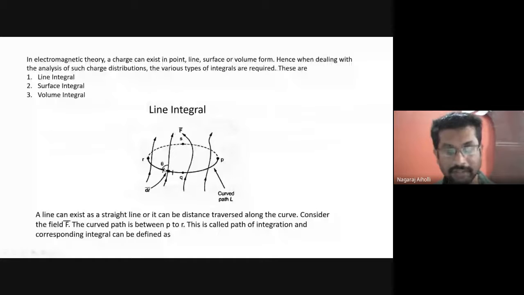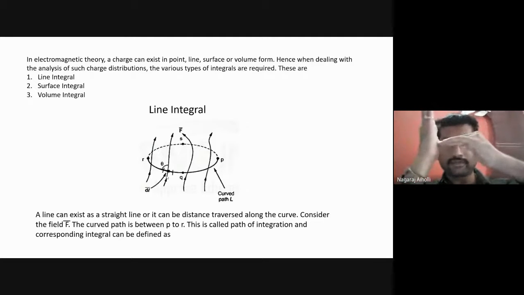So cos theta is the adjacent side divided by F bar, which means the adjacent side is given by F bar cos theta. That is the projection of F bar on the dl bar.